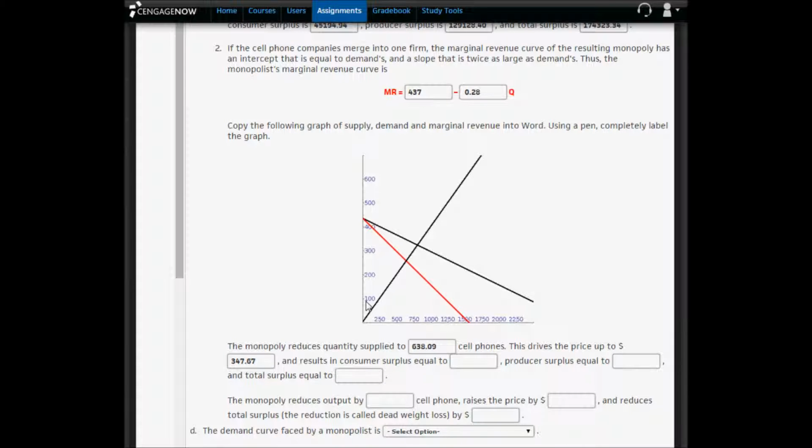Consumer surplus is the triangle that has a width equal to the quantity supplied, 638.09. So this is the width of the triangle. And the height of the triangle would be the price the monopolist charges subtracted from the intercept of the demand curve.